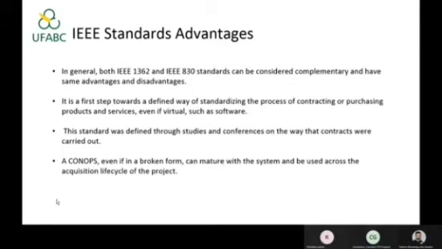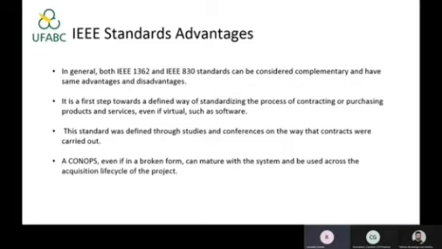Okay. In general, a concept of operations is a user-oriented document that describes the characteristics of the proposed system from the user's point of view. The IEEE 1362 and IEEE 830 standards can be considered complementary and have some advantages and disadvantages.